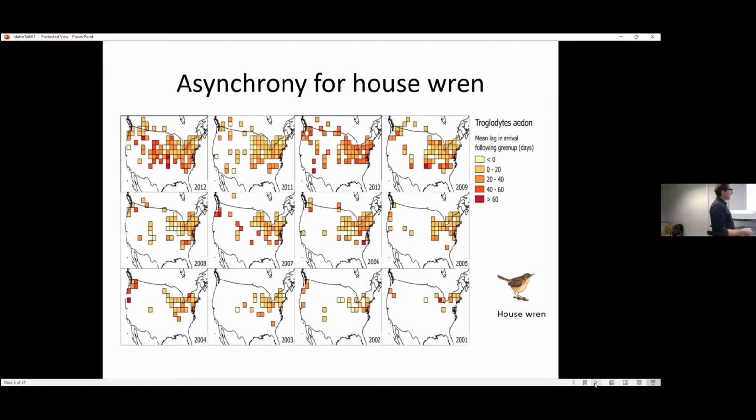Here we're looking at the same house wren over 12 years of data, more in 2012, less in 2001, which purely represents the growth of eBird over time as more people have shared their checklists.